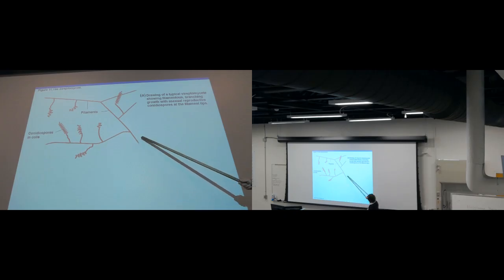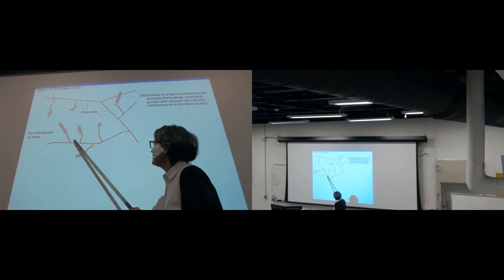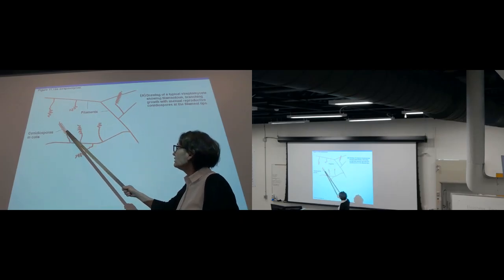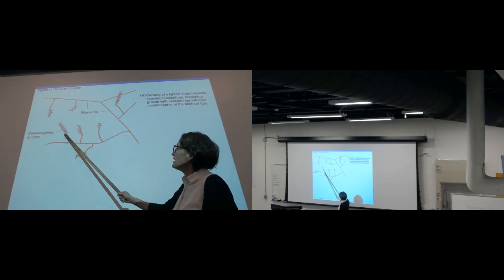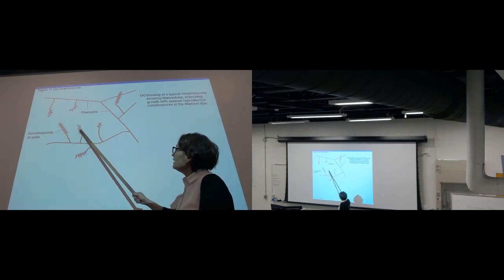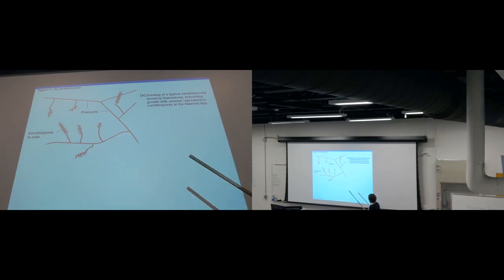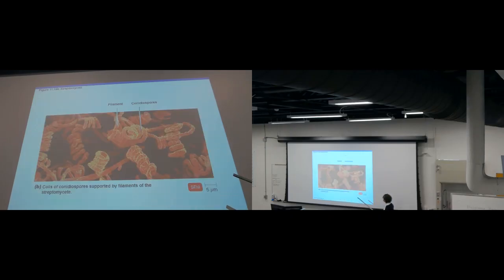Streptomyces has filaments, and within these filaments, it has coils. So it branches into coils, and these coils have little sphere-like structures that we call the conidiospores. So this is a scanning electron micrograph of these Streptomyces with these filaments and these coils.